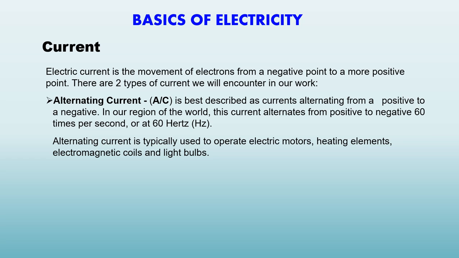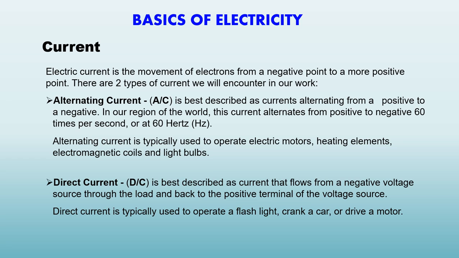In our region of the world, this current alternates from a positive to a negative 60 times per second, or at 60 hertz. The electricity actually pulses through the wires. Alternating current is typically used to operate electric motors, heating elements, electromagnetic coils, and light bulbs.